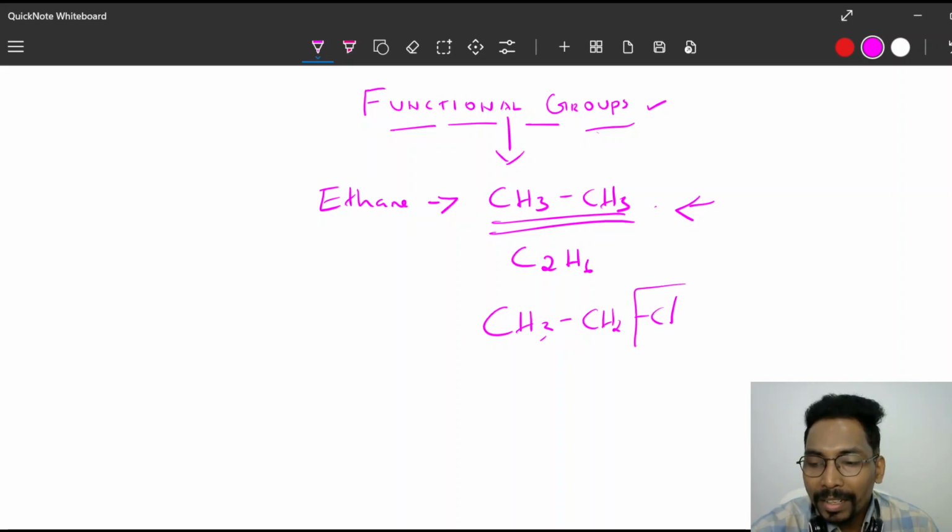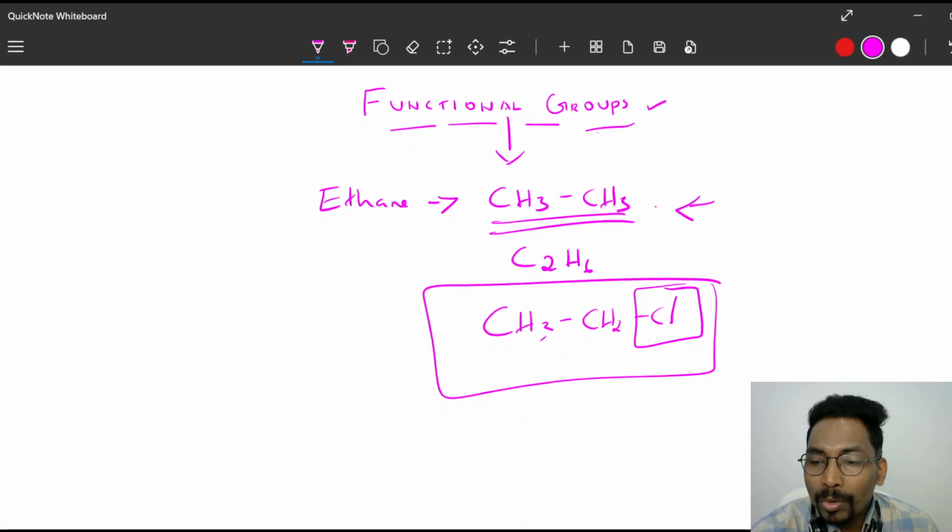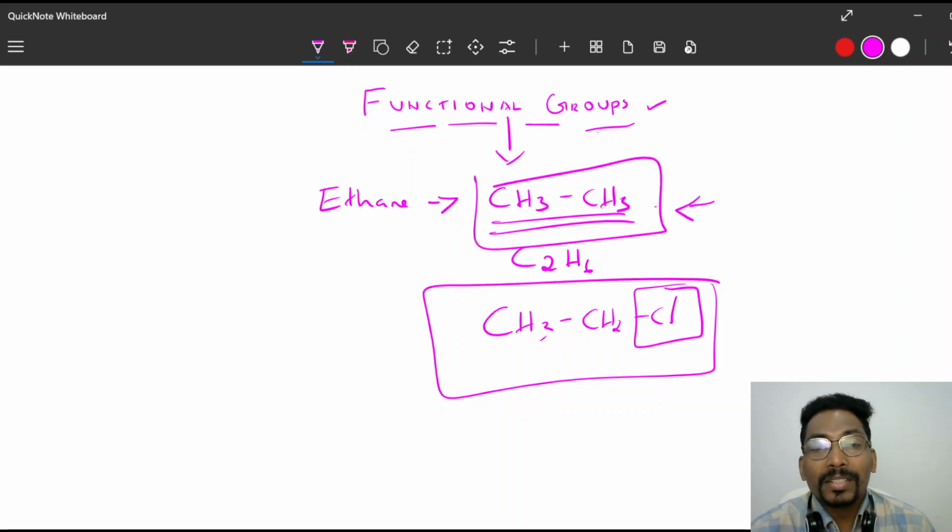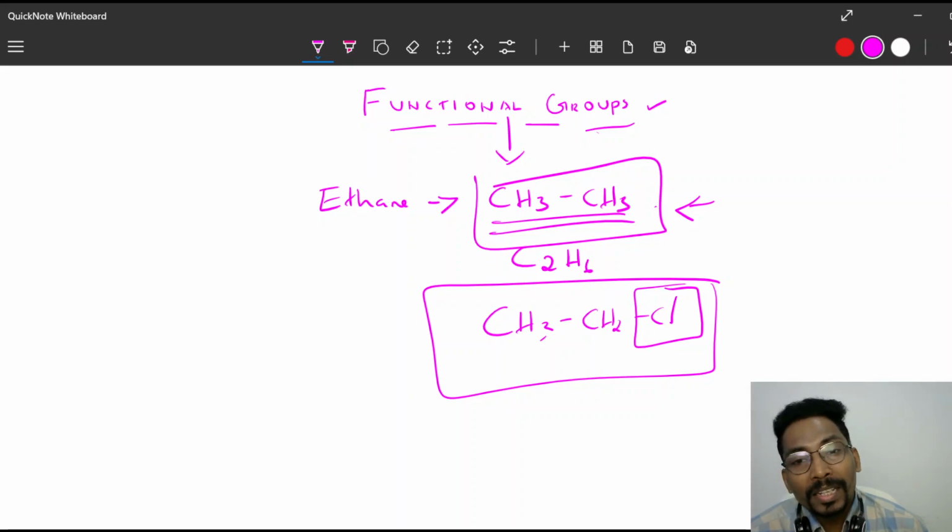Here you can say this chlorine is a functional group. So this compound and this compound are completely different, their properties will be different, their chemical reactions will be different, so that's why it's called a functional group.